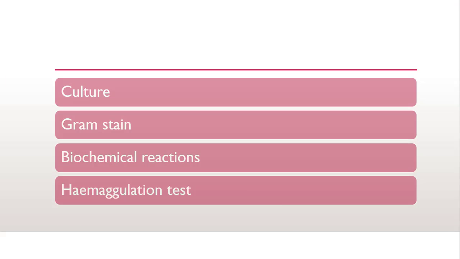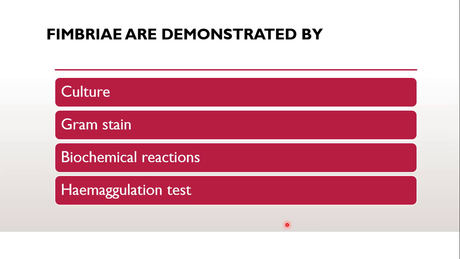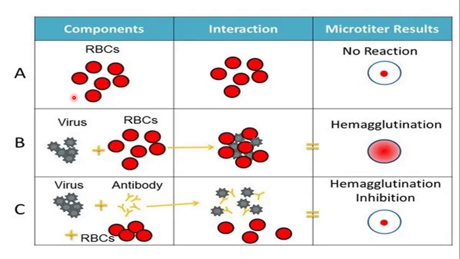So to start with the first question from the staining: the fimbriae are demonstrated by, whether by culture, whether by gram stain, whether by biochemical reaction or hemagglutination test. Before proceeding, we will see what we mean by agglutination and hemagglutination.